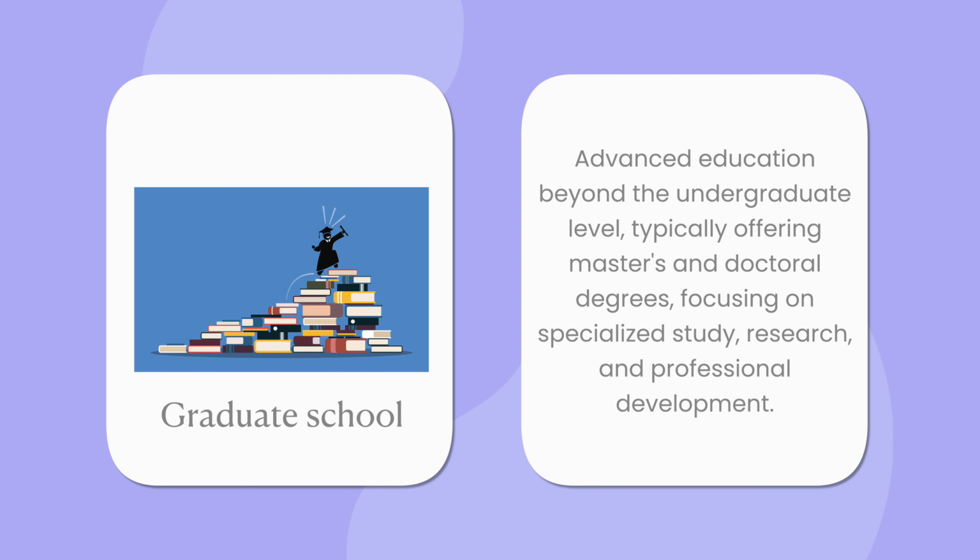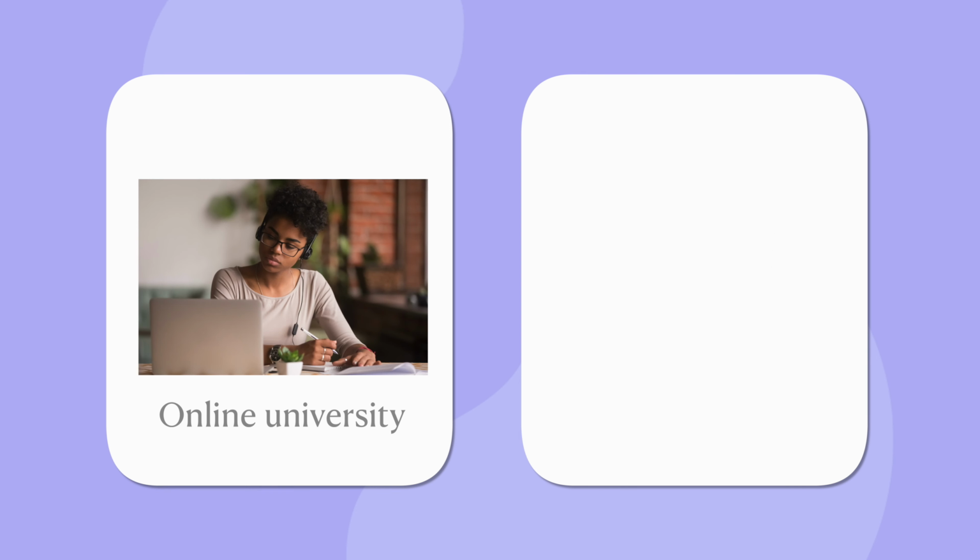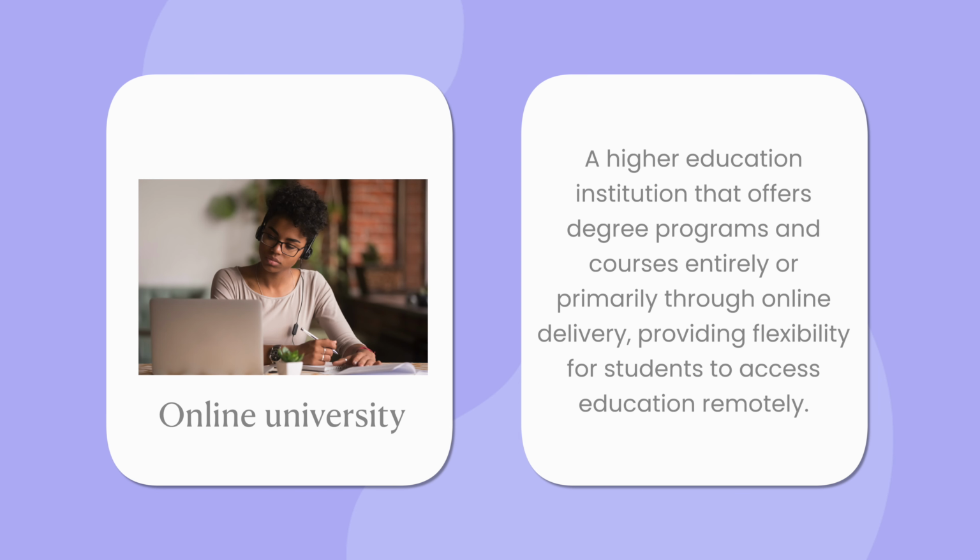Advanced education beyond the undergraduate level, typically offering master's and doctoral degrees, focusing on specialized study, research, and professional development. Online university. A higher education institution that offers degree programs and courses entirely or primarily through online delivery, providing flexibility for students to access education remotely.